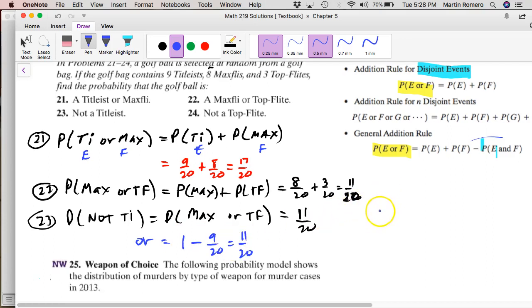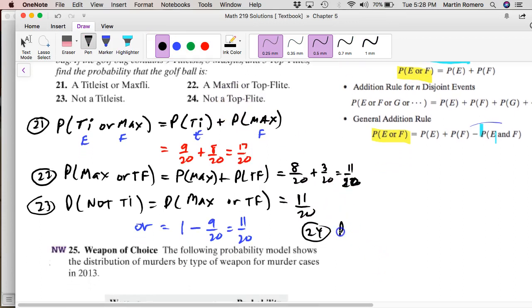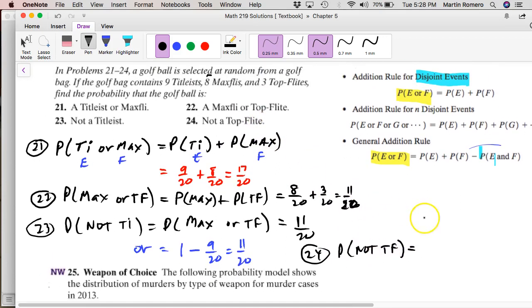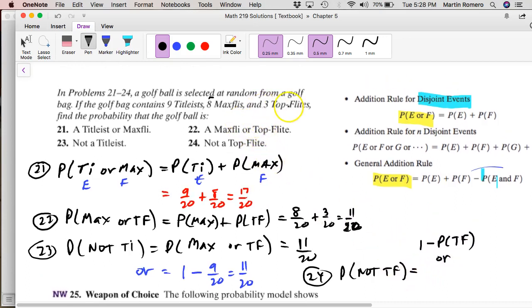So that's 23. And then looking at problem number 24, what's the probability of not top flight? The probability of not a top flight is just going to be 1 minus the probability of a top flight, or I can basically say how many are not top flight.